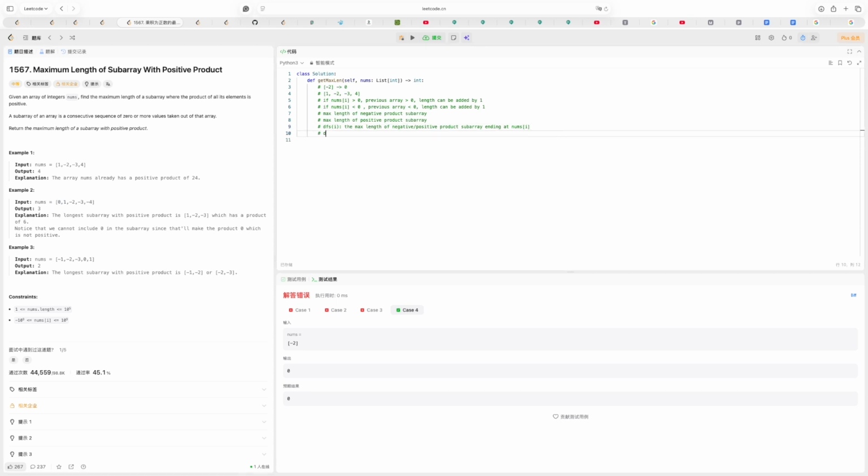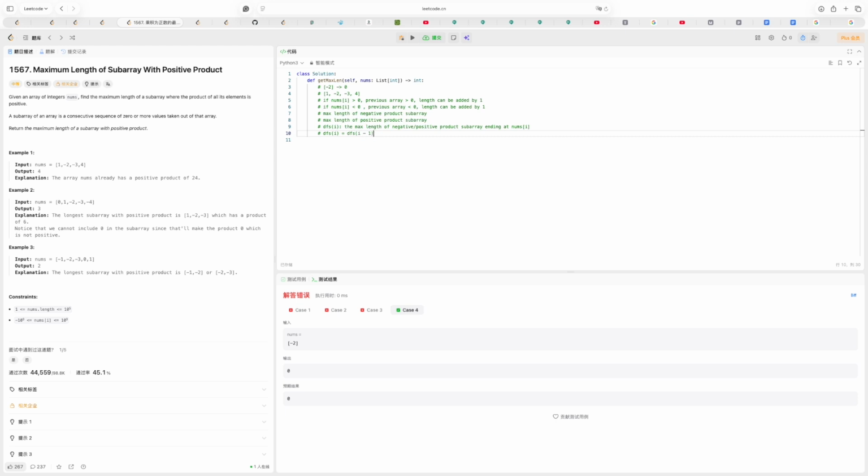Let's say dp[i] equals, if it's i minus 1, like this is the maximum and minimum, the maximum length of negative and positive products of array.